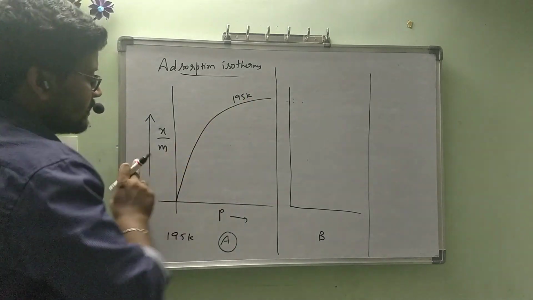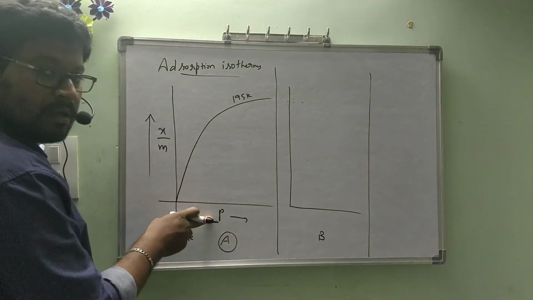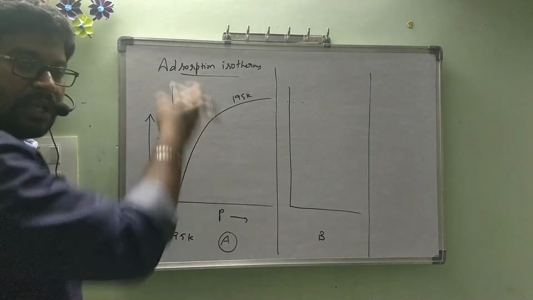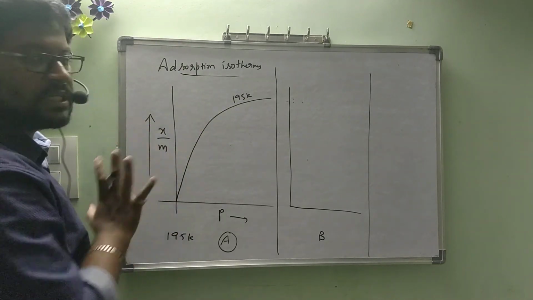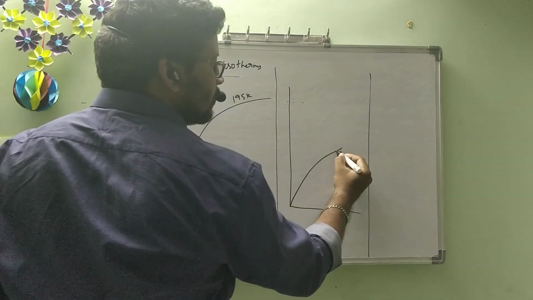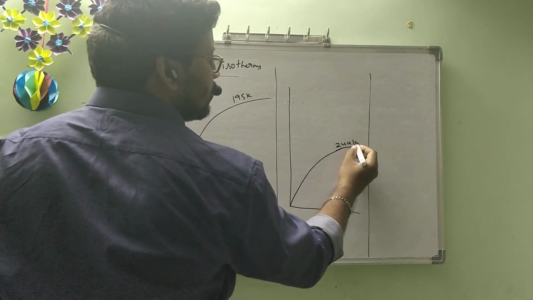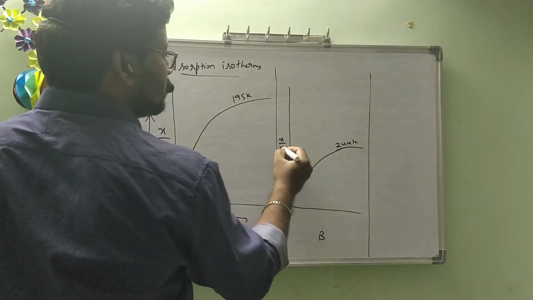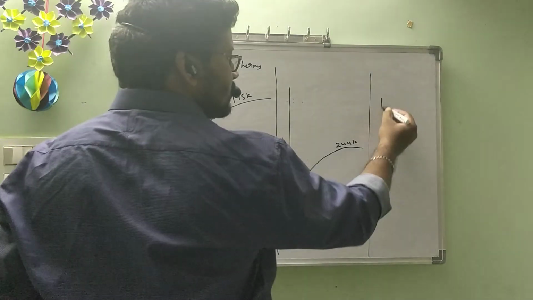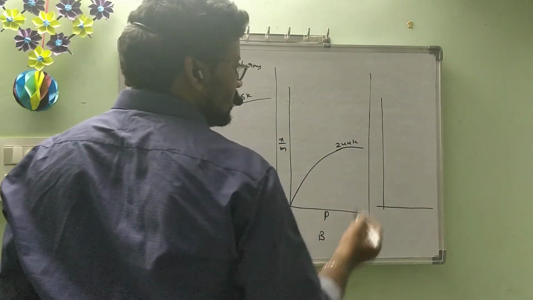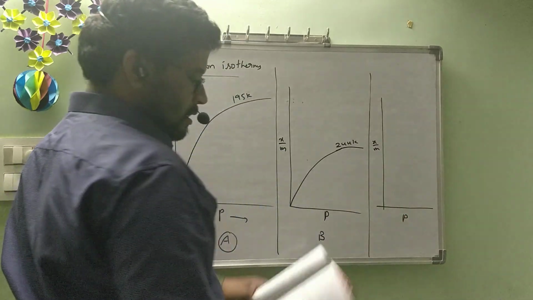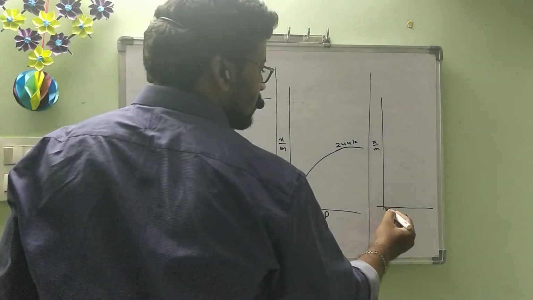When x by m is drawn against pressure P, temperature is constant for A. Next, 244 Kelvin, x by m on y-axis, P on x-axis. Next, another student is investigating the same curve at temperature 273 Kelvin.